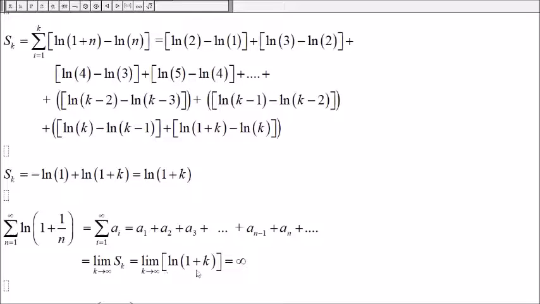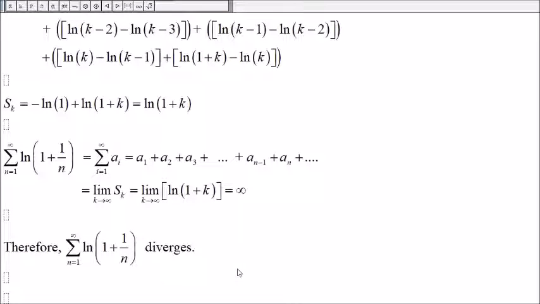And so as k approaches infinity, ln of 1 plus k will run to infinity. Therefore this sum approaches infinity, and it diverges. We have just shown that this infinite series equals infinity, and therefore the series diverges.